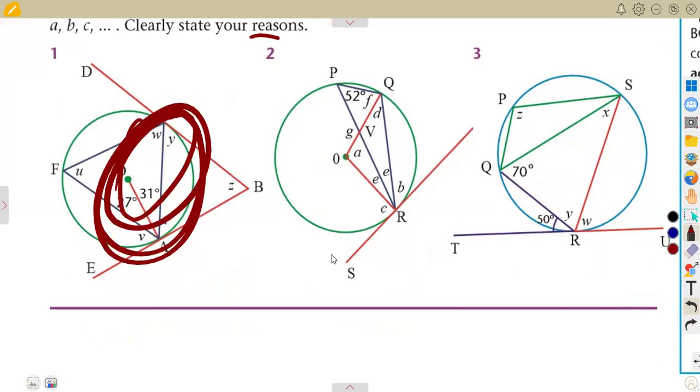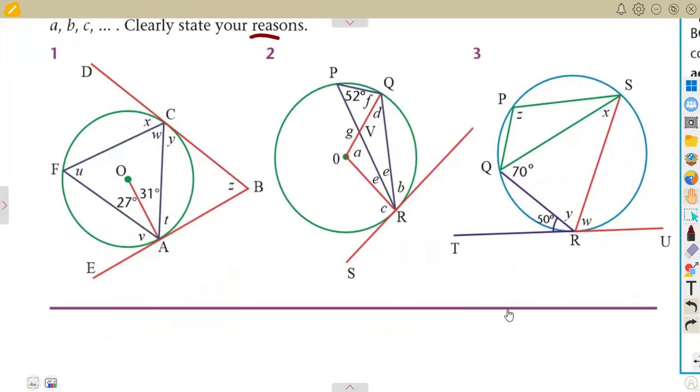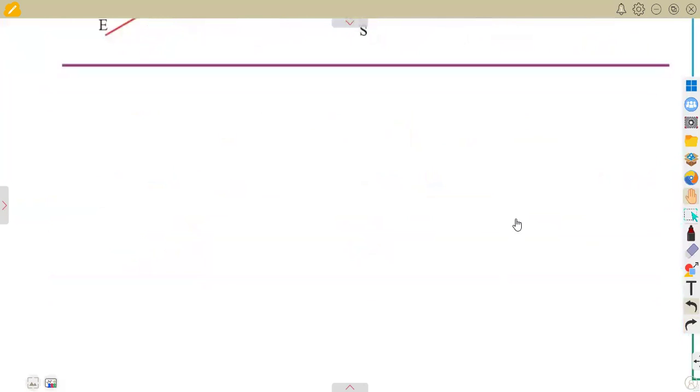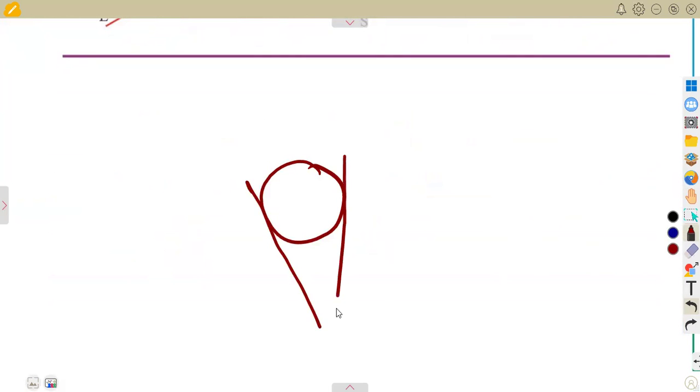The first case that you're given is this one of the tangents. So the idea of the tangents is going to be like this. Remember from your theorem number 6 that if you are given two tangents drawn to a circle from the same point outside of the circle, they are equal in length.